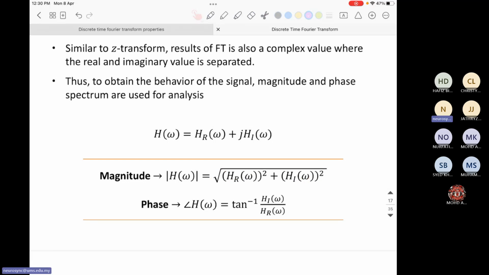And if I want to find the phase of this signal H of omega, I will represent it with the angle sign. Angle H of omega is equal to tan inverse of the imaginary part divided by the real part.